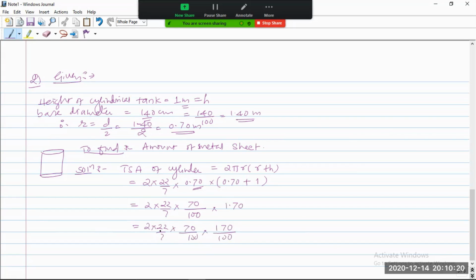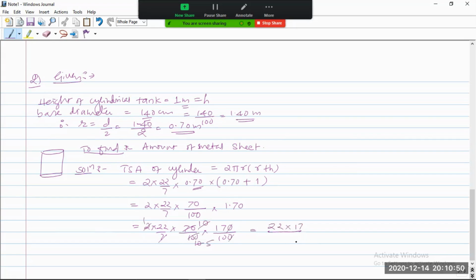So 7 tens are 70, 10 tens are 100, again this 0 will get cancelled, and we have 2 ones are 2, 5 twos are 10. Can we simplify more? No, so we can keep the remaining terms as well. We have 22 and 17 in the numerator and only 5 in the denominator.